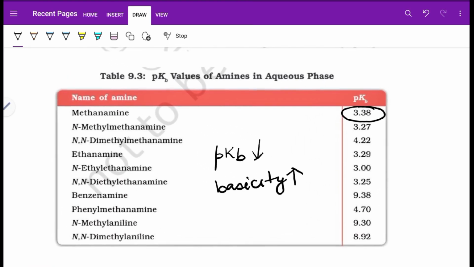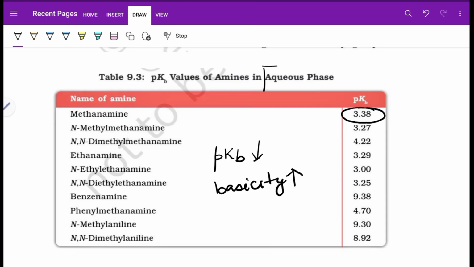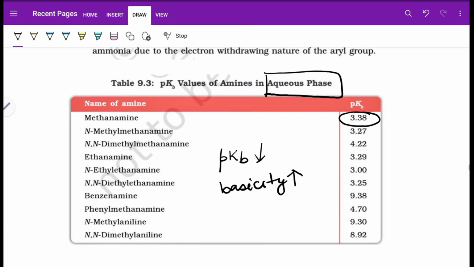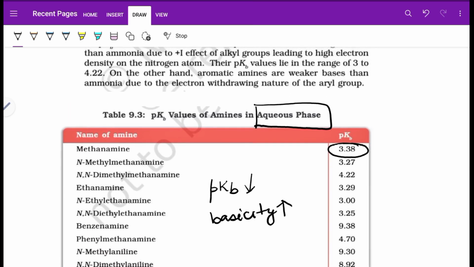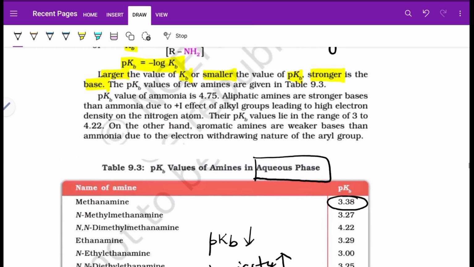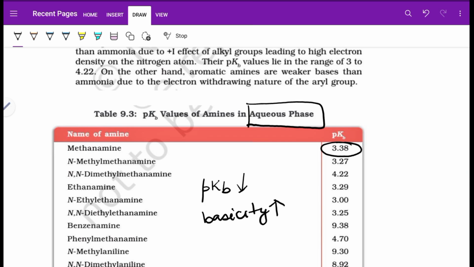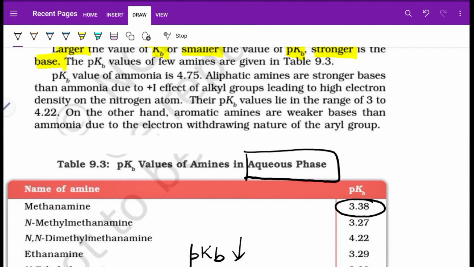But here it is in aqueous phase. So we have two cases of comparison of basicity of amines. One is the aqueous phase and the other is the gaseous phase. Now, in the gaseous phase, we don't have any other factor taking part or important.